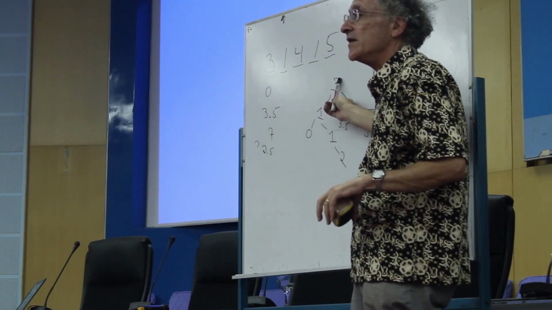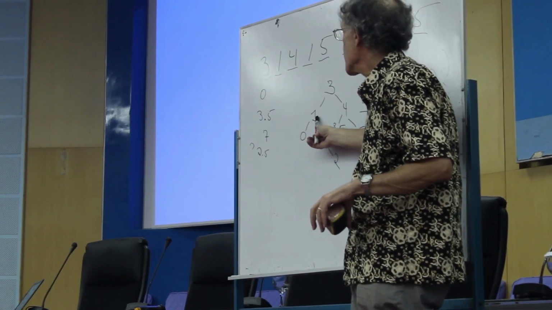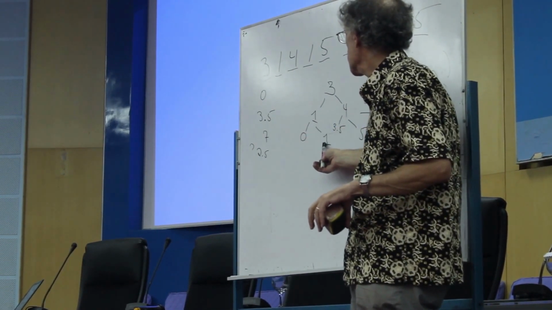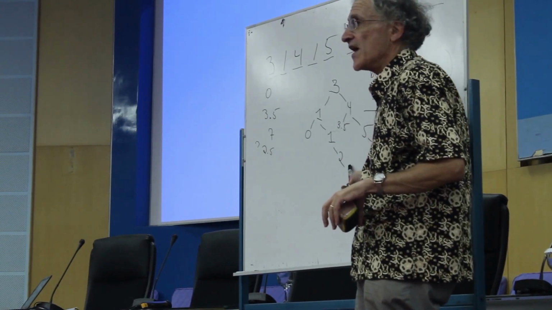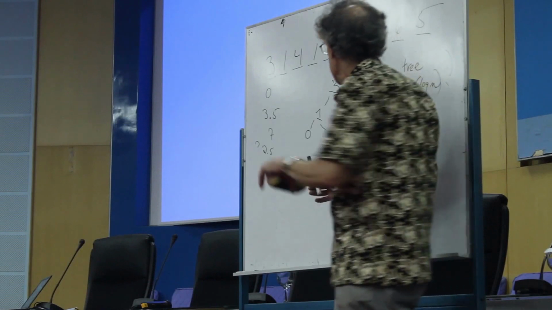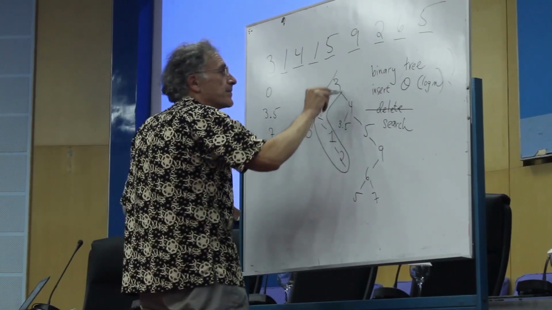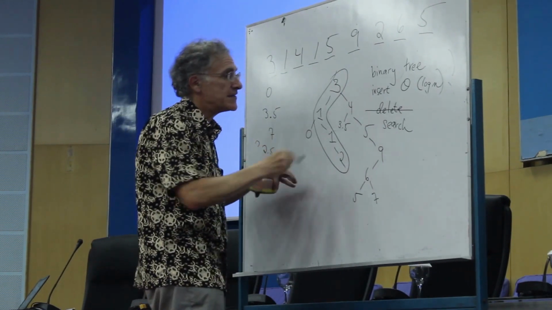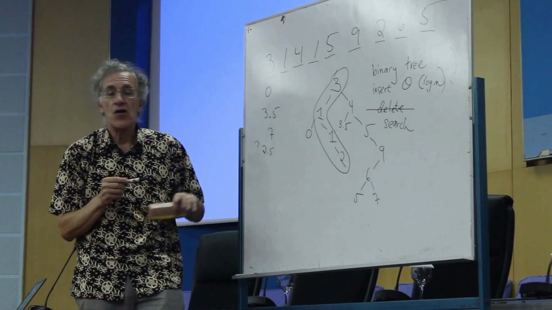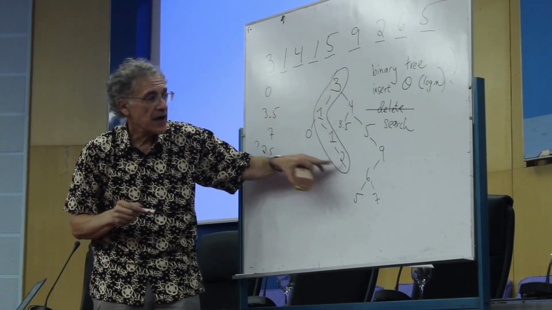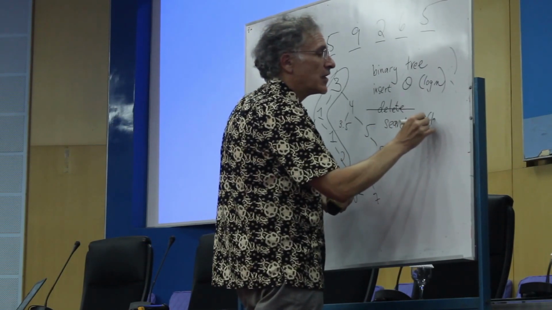Left. Right. Left. Right. Left. Right. It is not here. I never needed to look except at these. I didn't have to check any of these. I only needed to look on one path. Searching is order of log n.